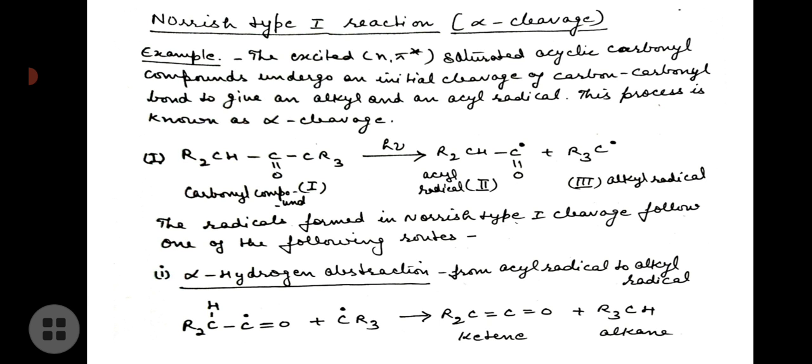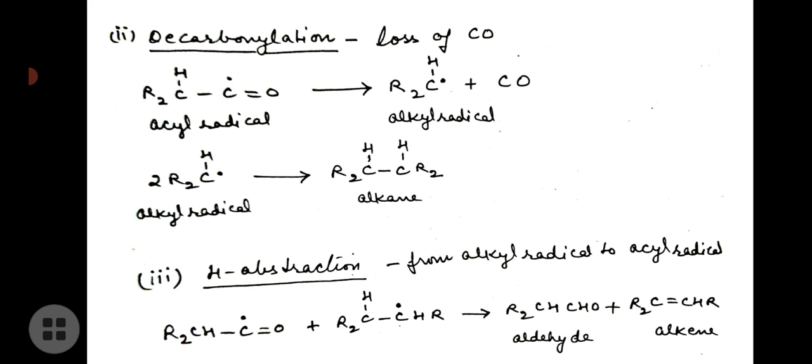Now let us see the second route, that is decarbonylation, which means loss of CO, carbon monoxide. Here you can see again the acyl radical is losing carbon monoxide and an alkyl radical is formed. In the next reaction, alkyl radicals combine together to give rise to alkane.